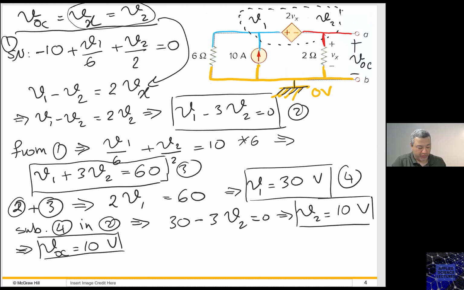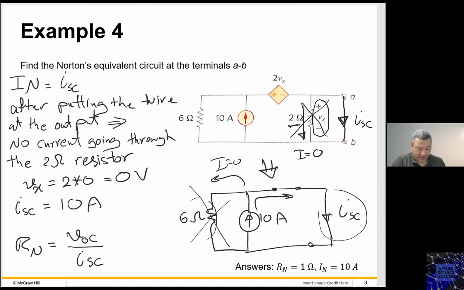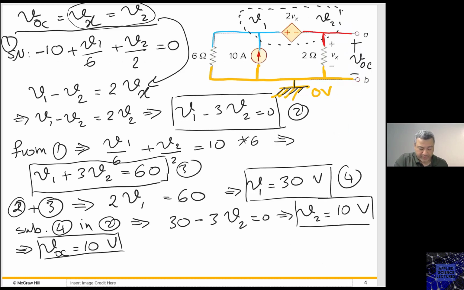Which means now if you go back to the previous slide, we said that R Norton is VOC divided by ISC, the voltage of the open circuit divided by the current of the short circuit. So R Norton is 10 divided by how much was the short circuit?